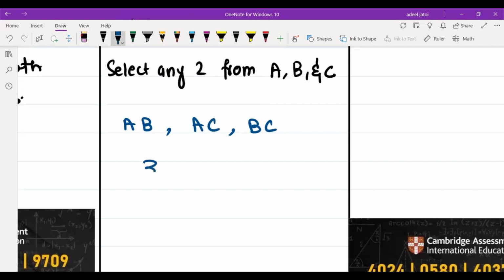So this should be 3C2. And when I use 3C2 in the calculator, I should be getting 3 ways. So there are only 3 ways to select: AB, AC, or BC.